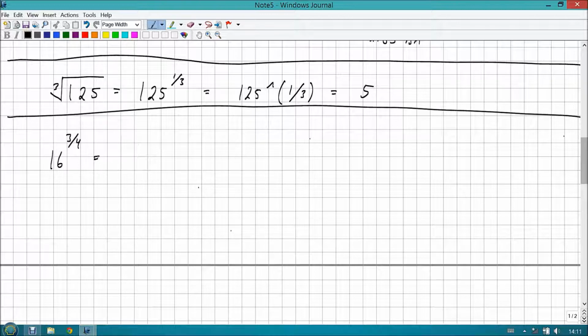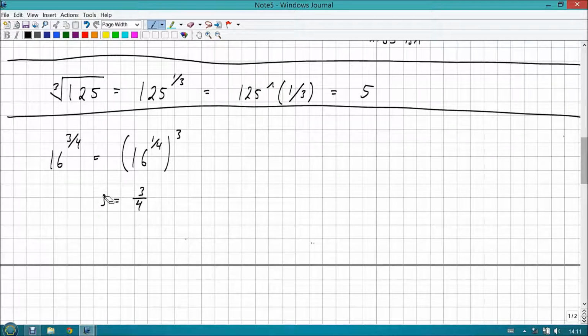I'm going to turn that 16 to the 3/4 into 16 to the 1/4 raised to the 3rd. Now, this is the same thing as 1/4 times 3, which we know turns into 3/4. So I'm not really changing the value.